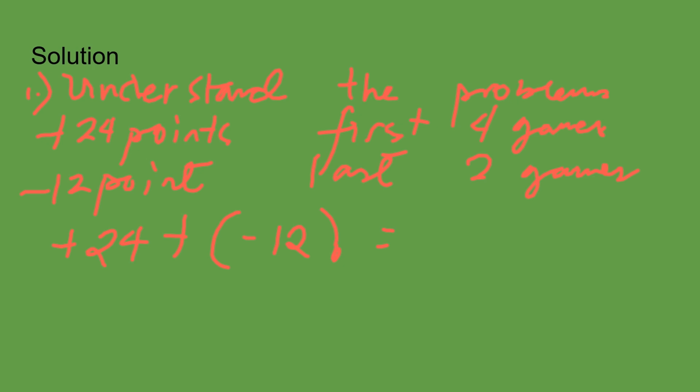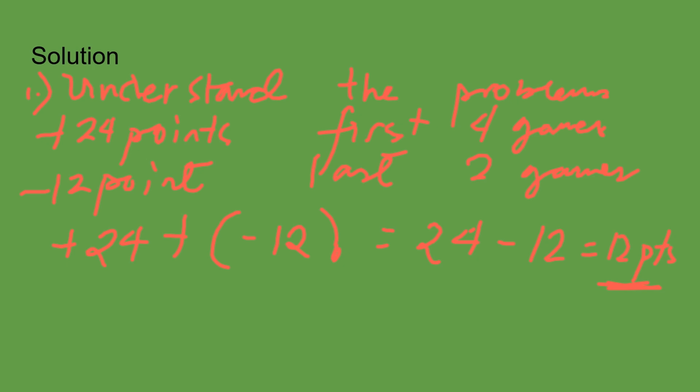So we have positive 24 plus negative 12. That would be 24 minus 12. Okay, 24 minus 12 will give us 12 points. Okay, all right. So the team's overall point change after 6 games is actually 12 points.